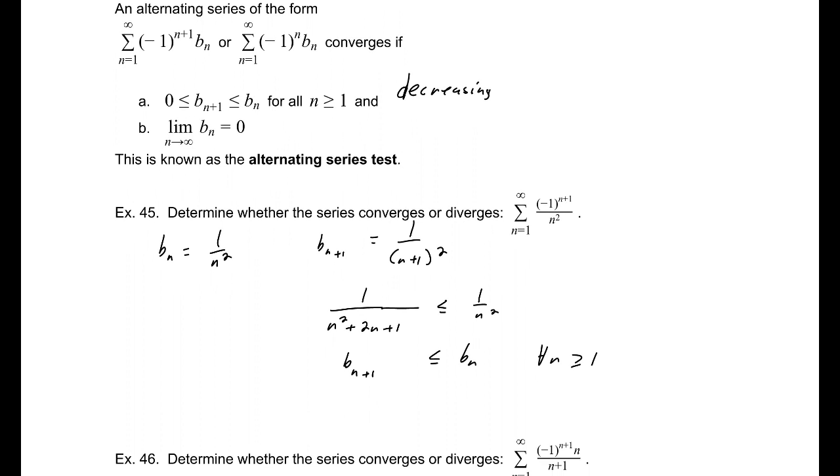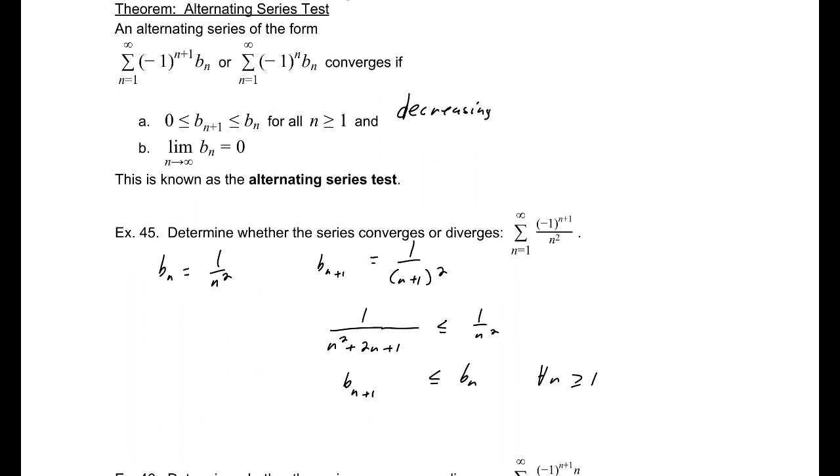Now, are those always positive as well? Yes, because we're squaring. So that is condition A. Condition B is that the limit of 1 over n squared is 0, and it in fact is.